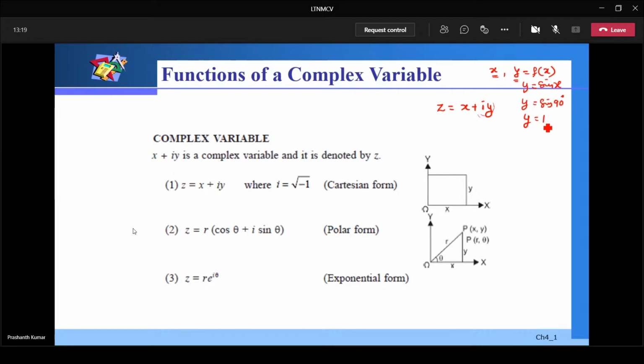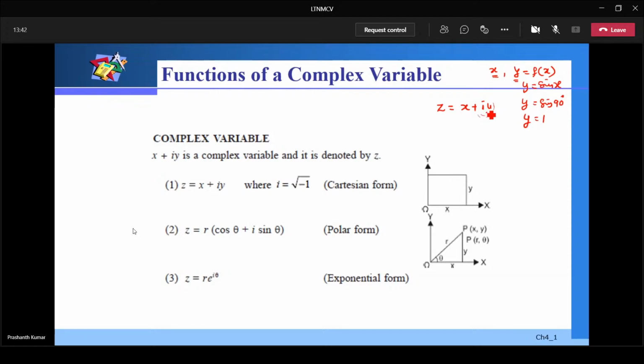This is the value you are getting. For every value of x, you get only a single value of y. You are not getting two numbers for this one. Therefore, we call this a single variable function, a single valued function.